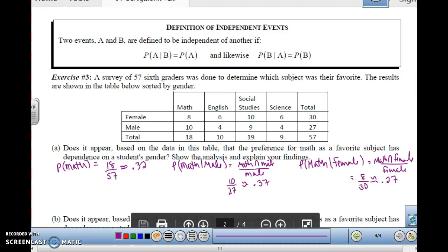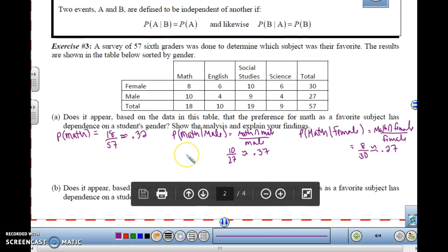Okay, so let's take a look at our probabilities. Did our probabilities change? Yeah, they did. So it appears that these results are slightly dependent on gender. So it appears there is a dependence based on gender for liking math.